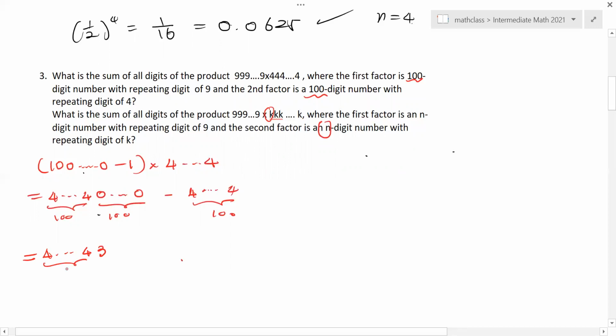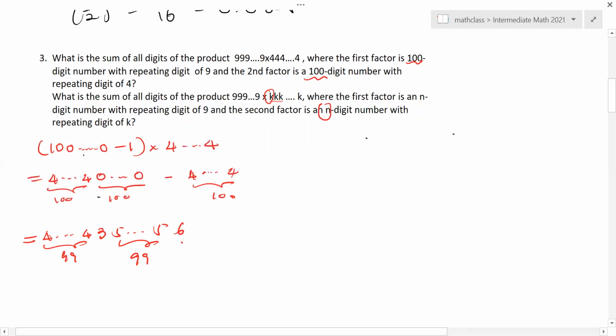So you have a 3 here, then you have 5, 5, 5, 5. You have 99 fives here, and that last one is 6, because 10 minus 4 is 6. Then the rest of them are just 5s, because 9 minus 4 is 5, 9 minus 4 is 5. So you get the answer.